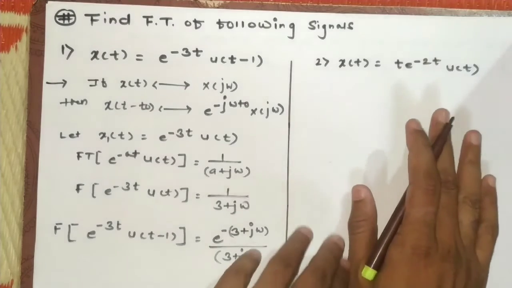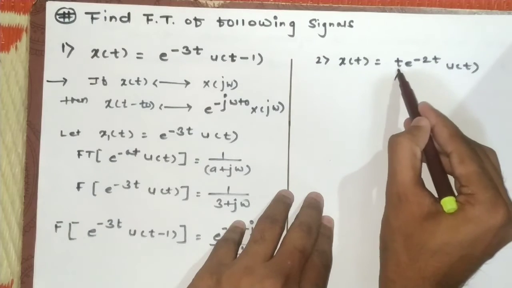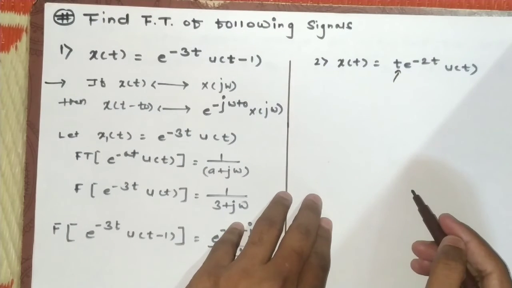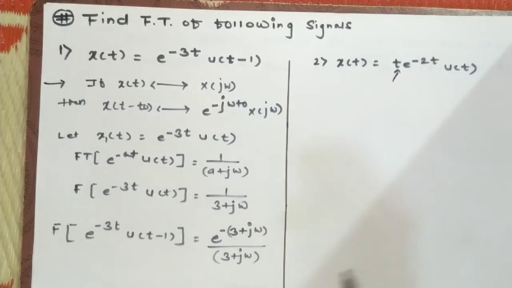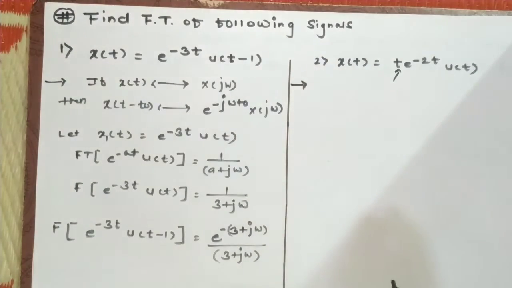Now let us consider the second example, where the input signal is multiplied by t. Whenever it is multiplied by t, we have to go for a property called the differentiation property.